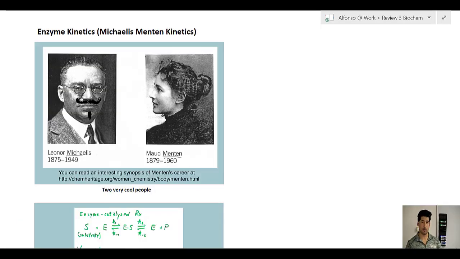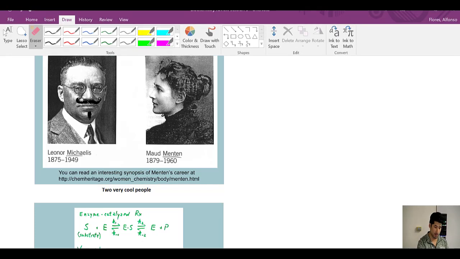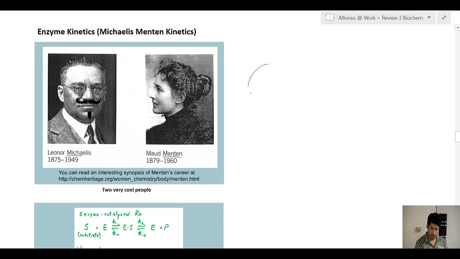So by now you're probably wondering, what are Michaelis-Menten enzymes, or what are Michaelis-Menten kinetics? These are kinetics which are displayed by enzymes which have one catalytic subunit. Okay, so this is an enzyme right here, and this enzyme has one catalytic subunit.